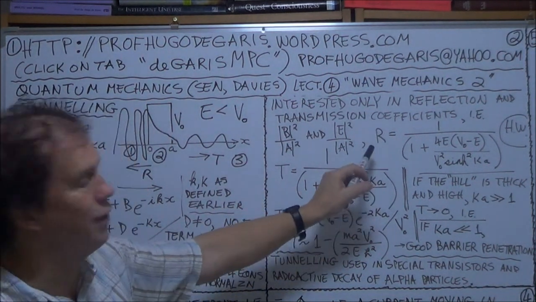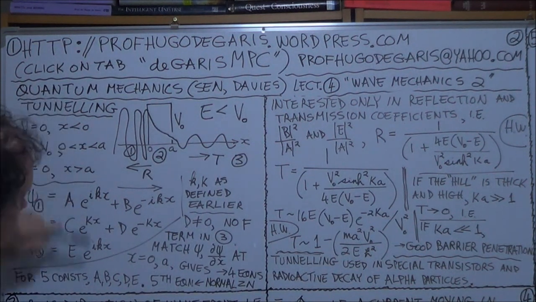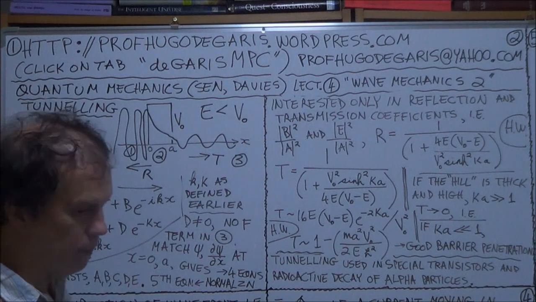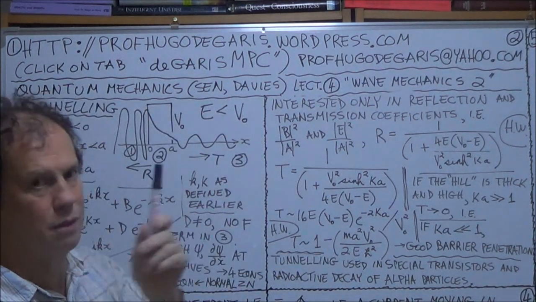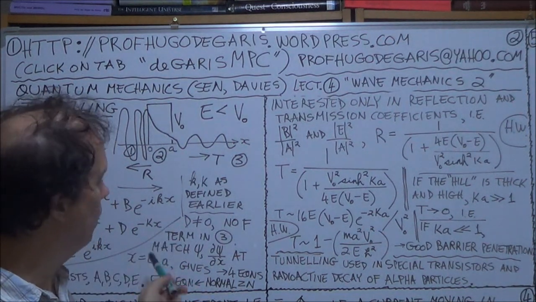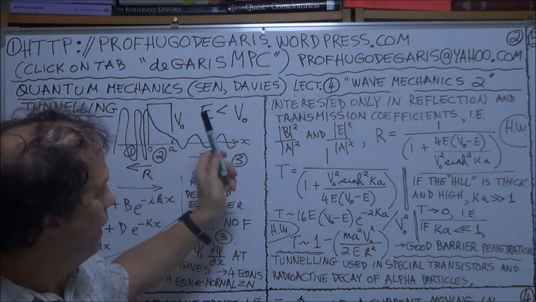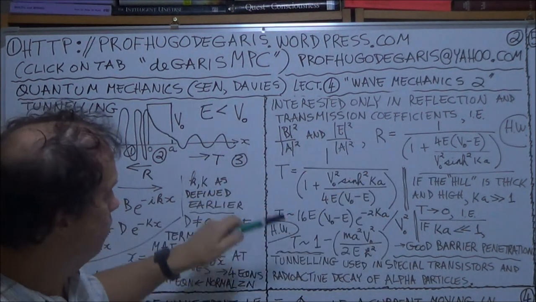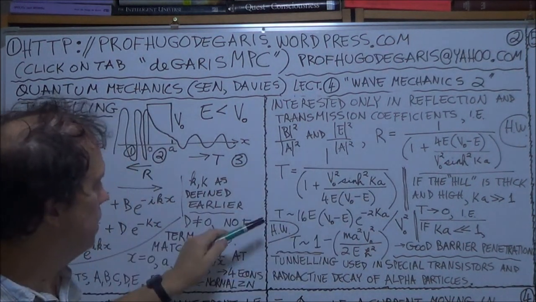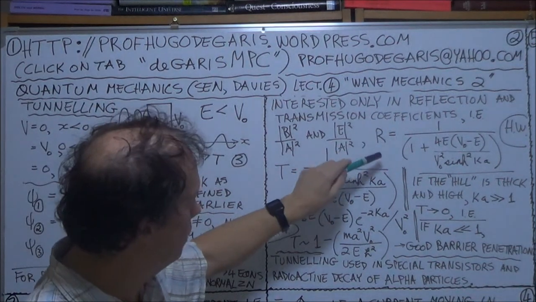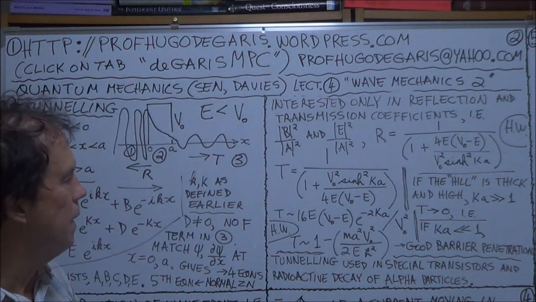R for reflection, bouncing back. Given all these, you do all the matching of gradients and values of the wave function at the 2 boundary points. So you get 4 equations for those, and that's all you need. You don't need to do the normalization. And so homework is prove that big T is this expression, and big R is this expression.